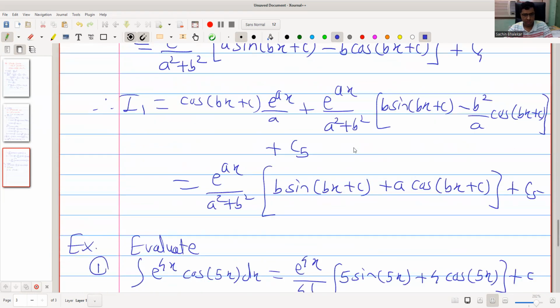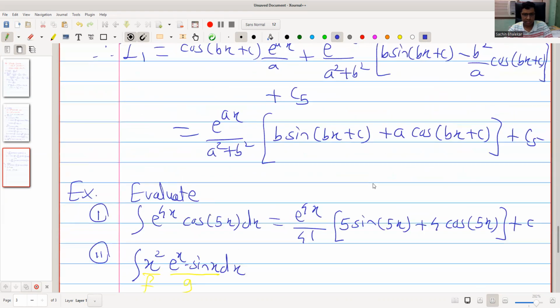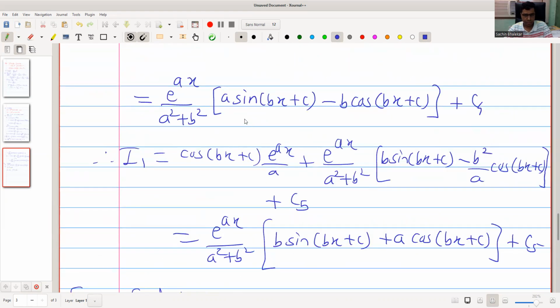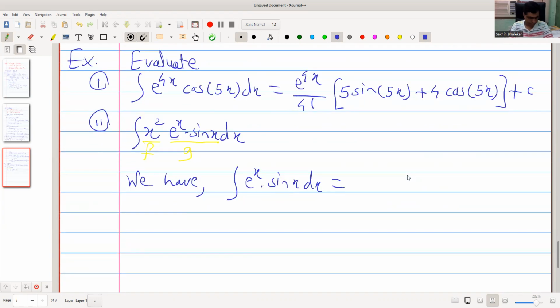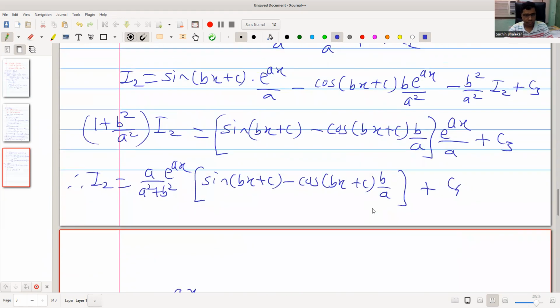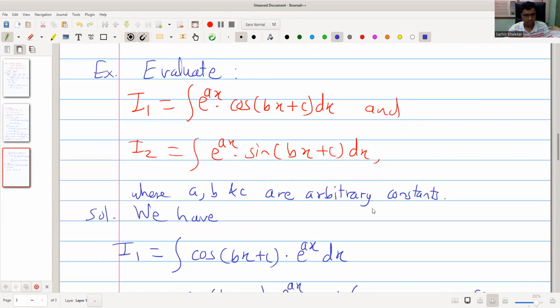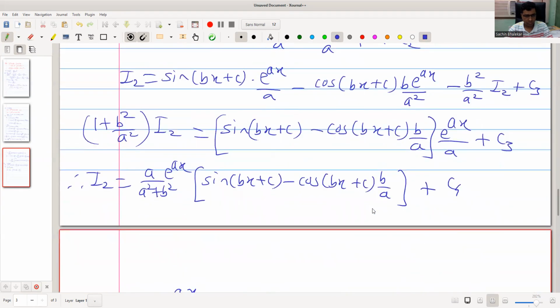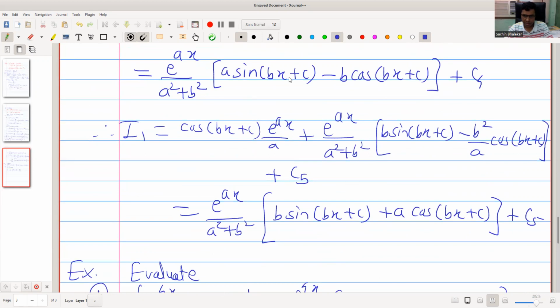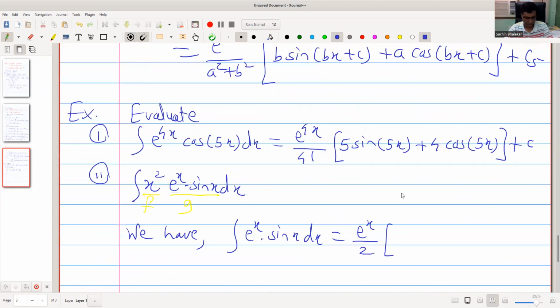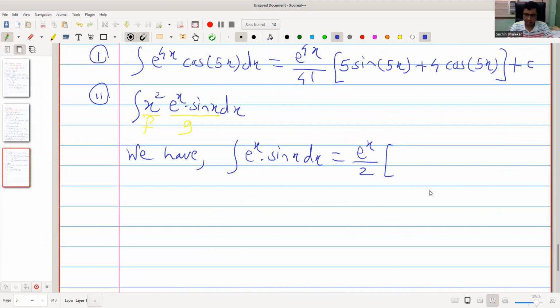Here our a is 1 as well as b is 1, so it is e raised to x upon 2 into sin x minus cos x.